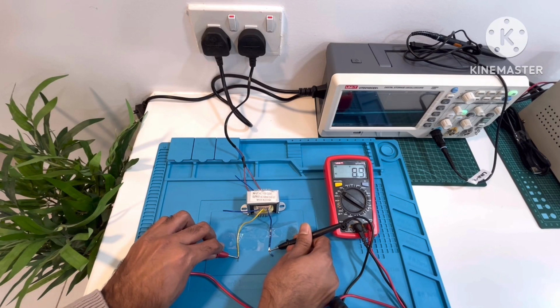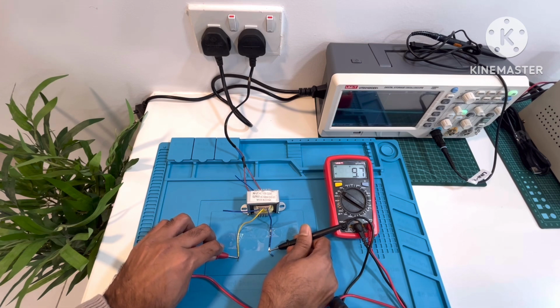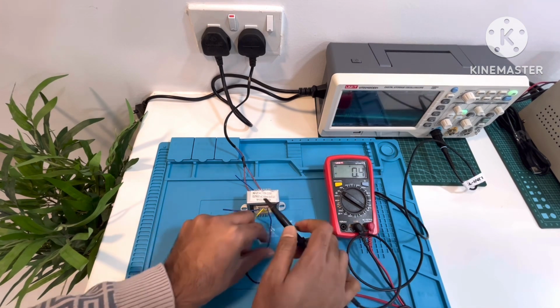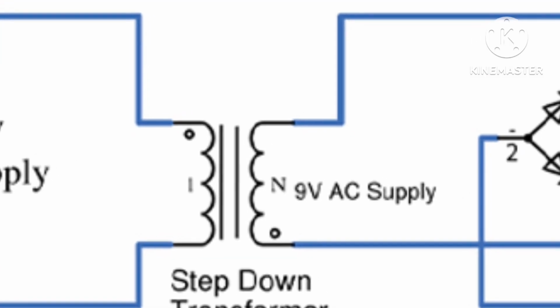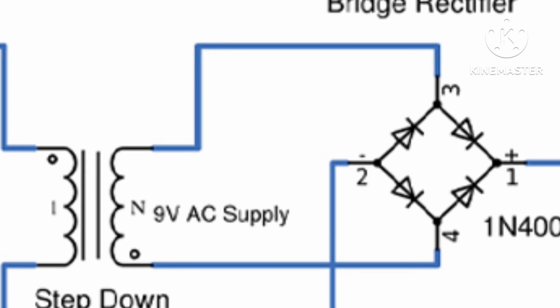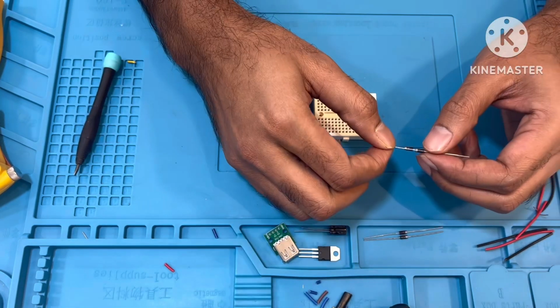So here I'm getting the secondary side voltage as 9.7 volt AC. Now I will connect the bridge rectifier circuit by diodes to get the full wave.